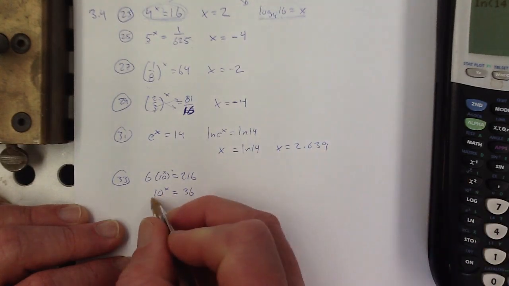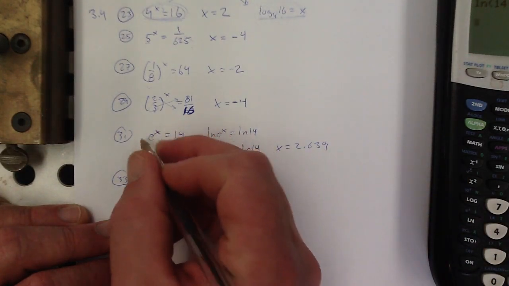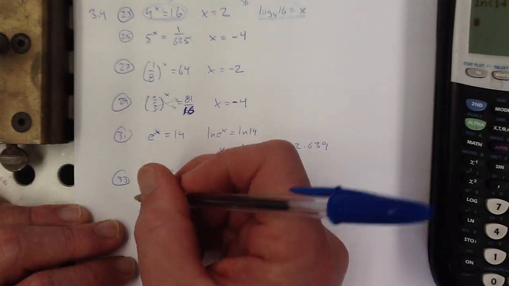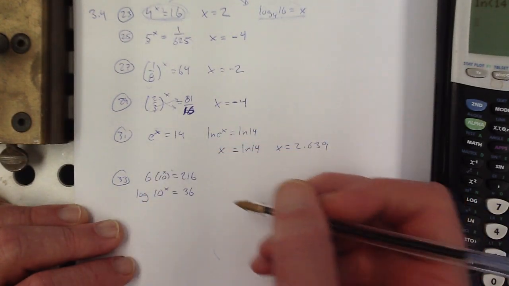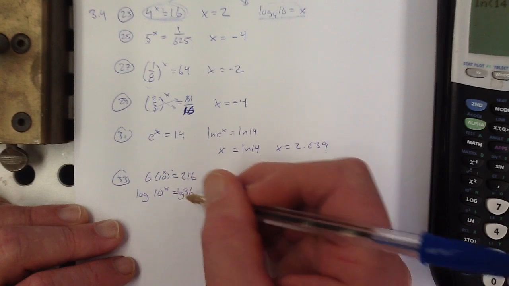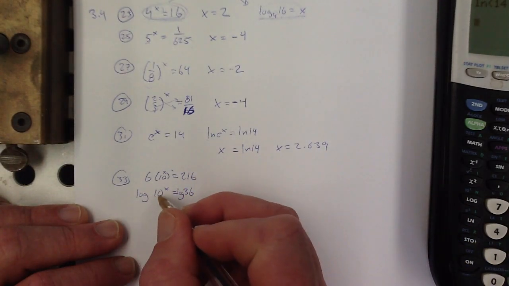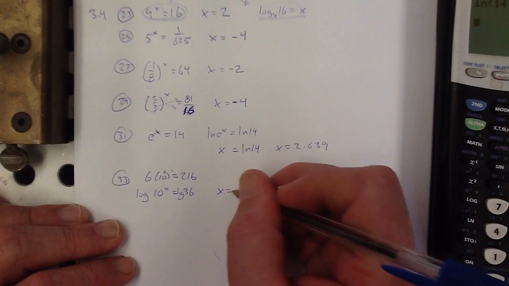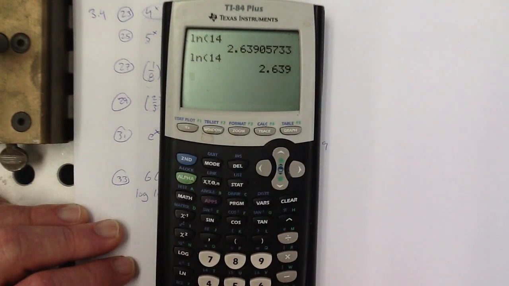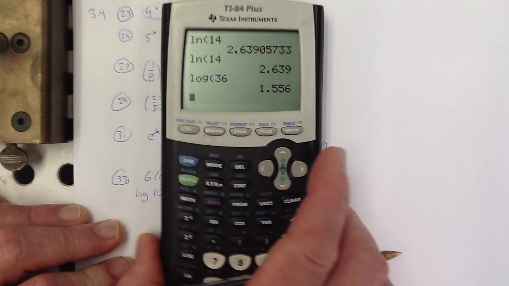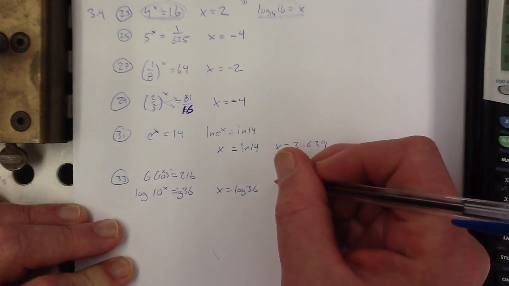And then 10 to the whatever, just like the e to the, I'm going to do the common log of both sides of this, because log base 10 of 10 to the x, that just turns that into an x. And that's log 36, 1.556.